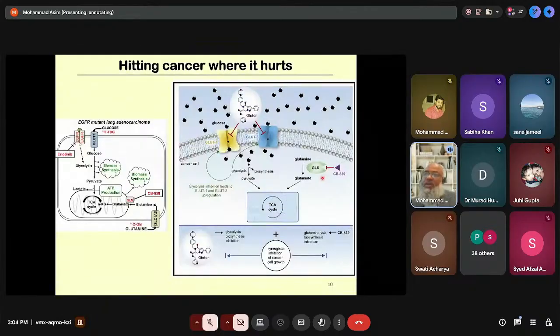So have a look here at what is happening in this example. This is lung cancer, and yesterday I was showing you one of the most prominent subclasses of lung cancer. They have mutations in EGFR. We discussed this in some detail yesterday and the day before.